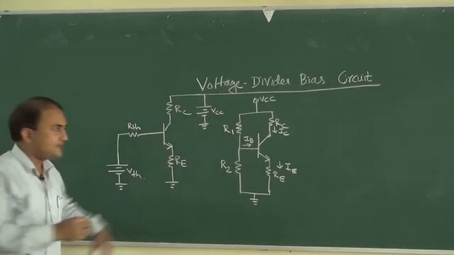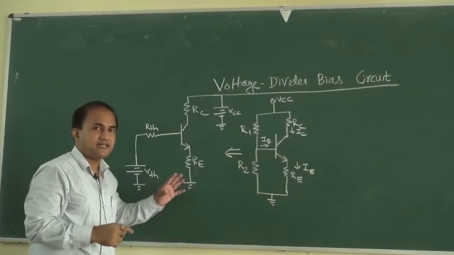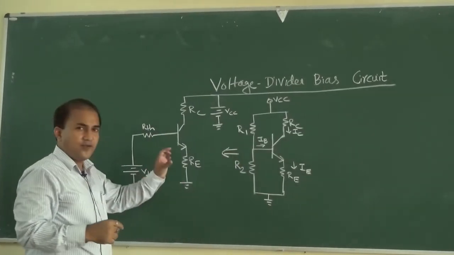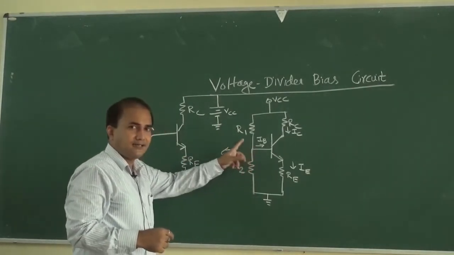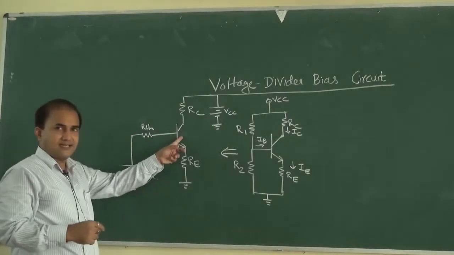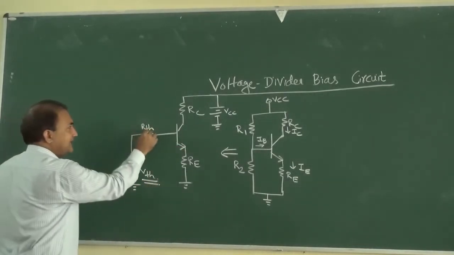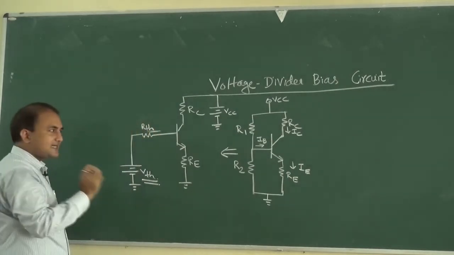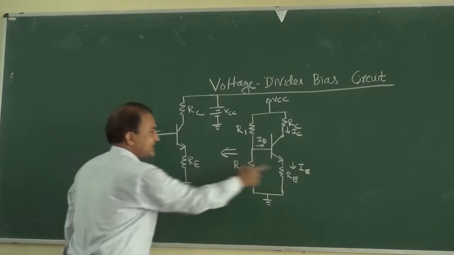So if we apply Thevenin's theorem to this circuit, then it will look like this. Here VTH is Thevenin's voltage, RTH is Thevenin's resistance, this is RC and this is RE.